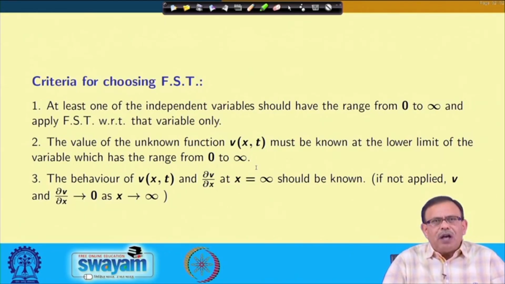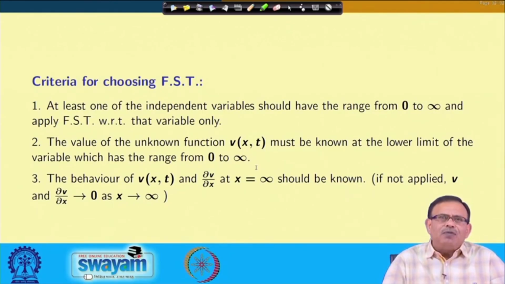So, please note that the criteria for choosing the Fourier sine transform are: number 1, at least one of the independent variables should have the range from 0 to infinity, and you apply the Fourier sine transform with respect to that variable only.